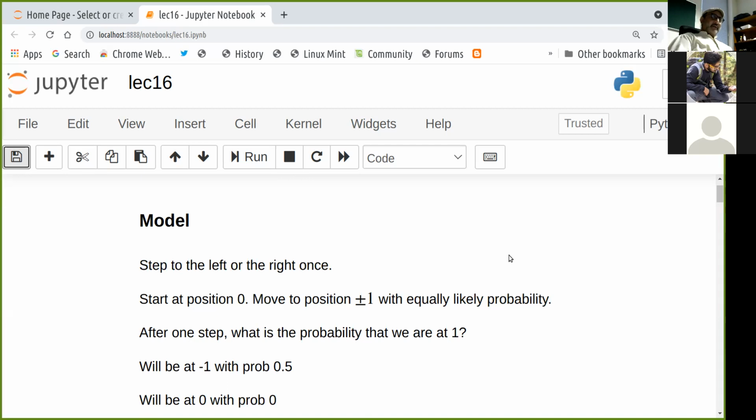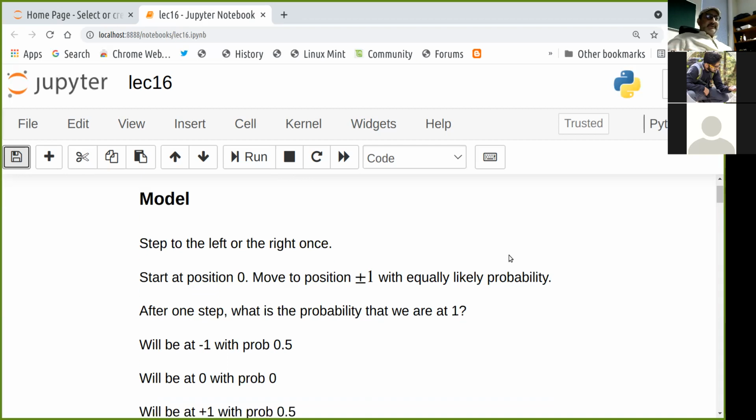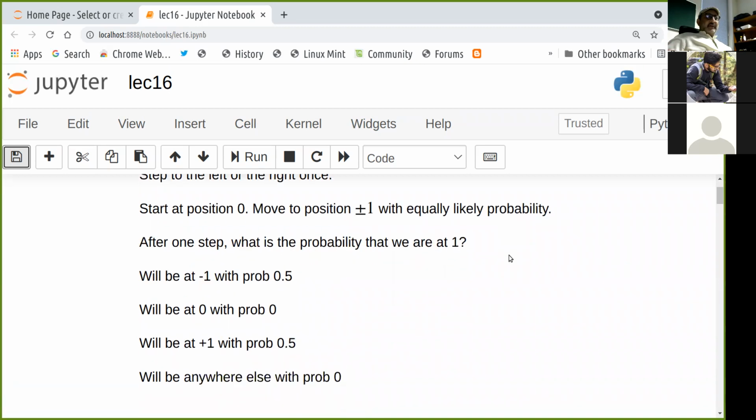Okay, so that was the first model. That was really easy. If we imagine that we were standing on the number line, and we can move by a unit distance when we flip the coin, there's a probability 0 that we would be anywhere else. The only possibilities with non-zero probability are that you could be at 1 with probability 0.5, or you could be at -1 with probability 0.5.